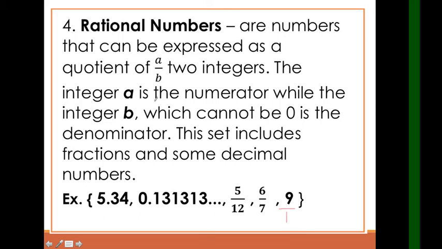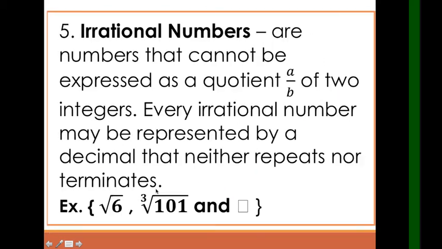So the integer a is the numerator while the integer b, which cannot be a zero value, is the denominator. This set includes fractions and some decimal numbers. So decimals or fractions are rational numbers like 5.34, 5.12 and 6.7. This one, although repetition siya, basta meron siyang pattern, siya ay rational number.